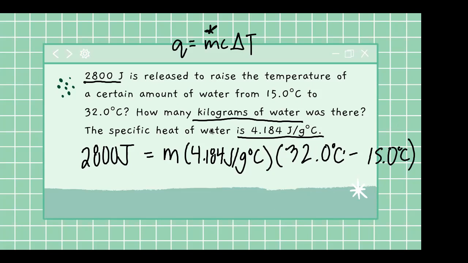So we have 17 degrees Celsius. And then we can multiply these two together already, right? Since they're on the same side. So after we multiply these two, what do we get?